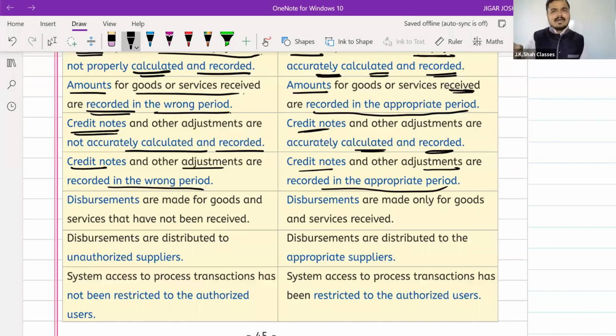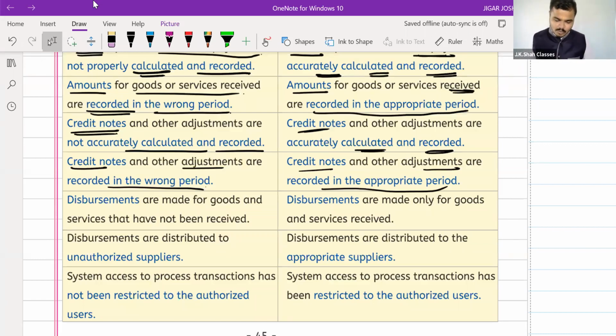Is it possible that I want to make the payment to Ram Kishan, and I have made the payment to Radha Kishan? Possible? Yes, sir. Also, there could be a possibility that I want to make a payment of 50,000, but by mistake I clicked 10 extra, and the total payment that went was 5 lakhs. The 100% possibilities are there.